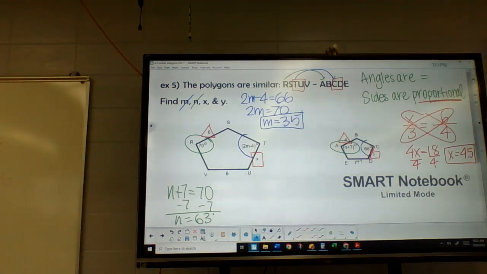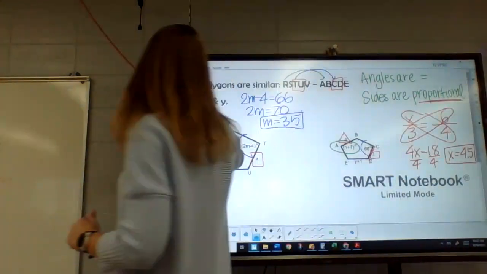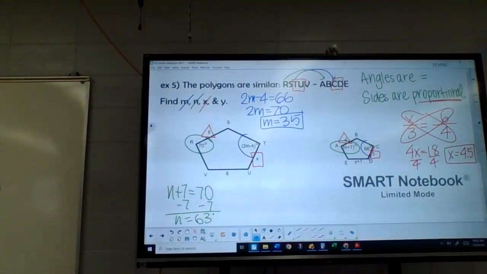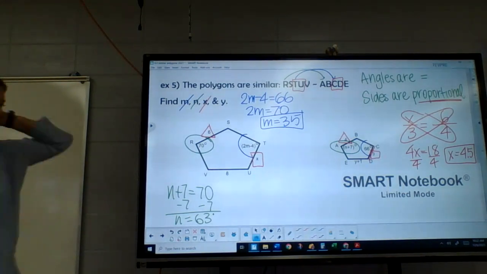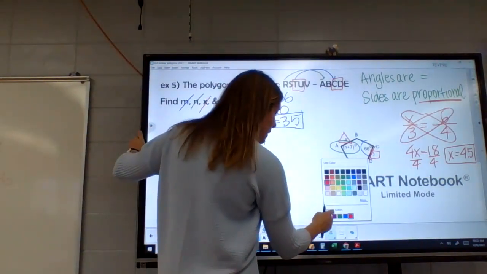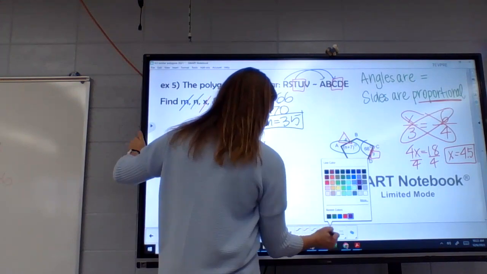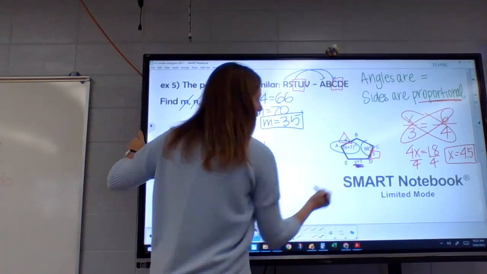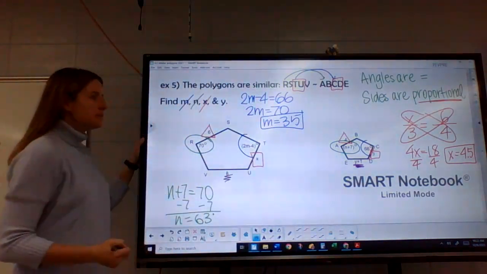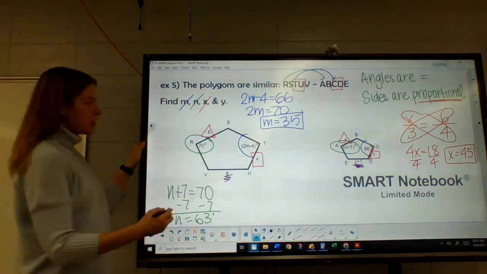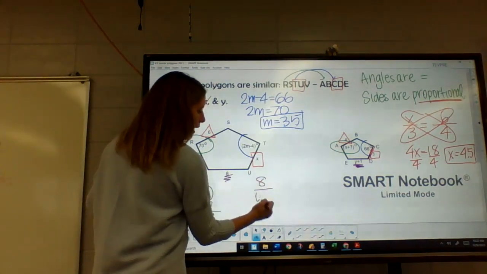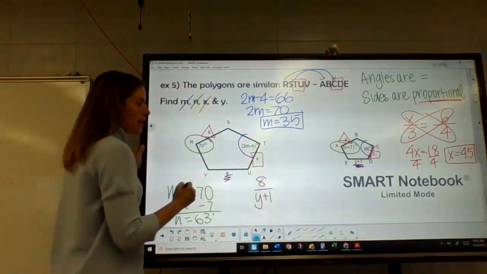Yeah. Okay. So we got our x down, and we're left with our y. Now it has y plus 1 on there, which is a little annoying. That goes with this 8. So I'm going to write my fraction of 8 over y plus 1. Those two go together.